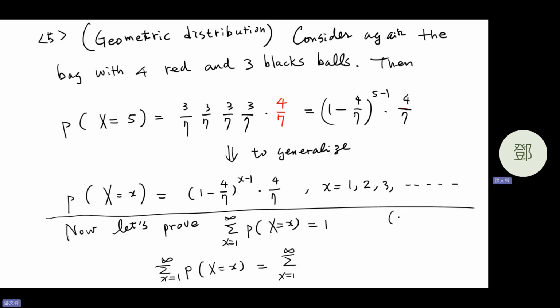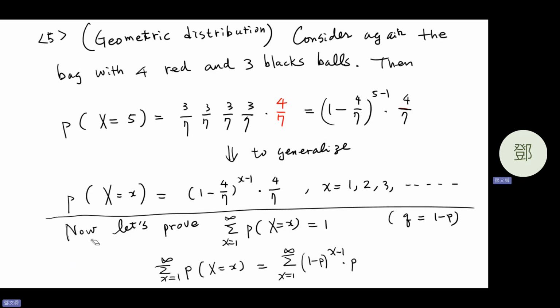Let me define q equal to 1 minus p. So it is (1 minus p) to the x minus 1 times p. Oh, sorry.